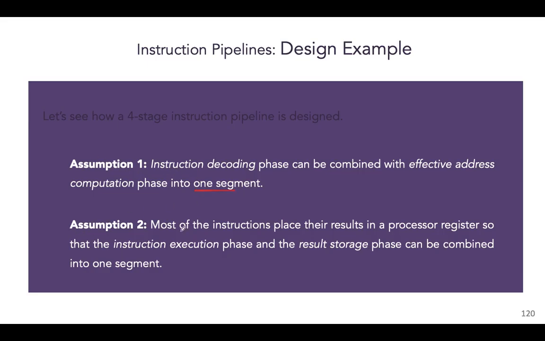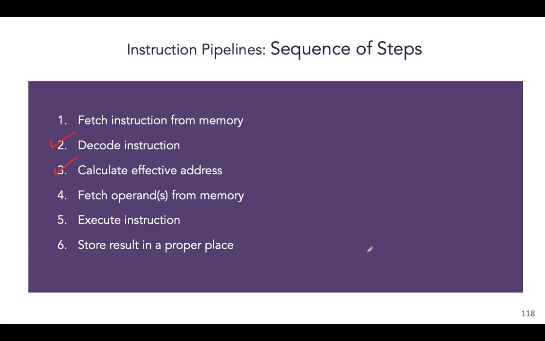And then assumption 2 is that most of the instructions place the result in a processor register, so the instruction execution phase and the result storage phase can be combined into one segment. So again we have combined 2 phases into one segment. Those 2 phases are the instruction execution phase and the result storage phase. So these are the 2 main assumptions, very simple assumptions.